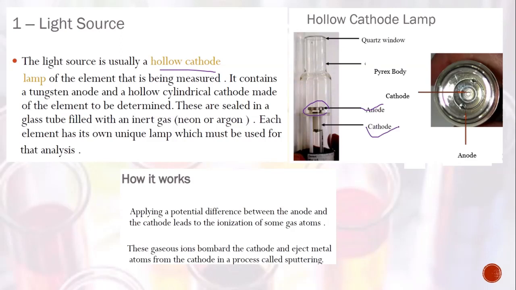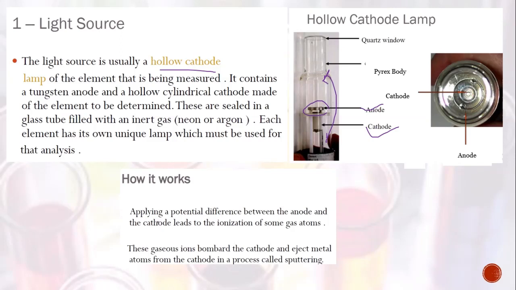These are sealed in a glass tube, and you can see the outside shell, which is a quartz window. The glass tube is sealed with inert gas. Each element has its own unique lamp which can be used for the analysis. This is when you're looking from the top: the anode, and then the cathode tube.